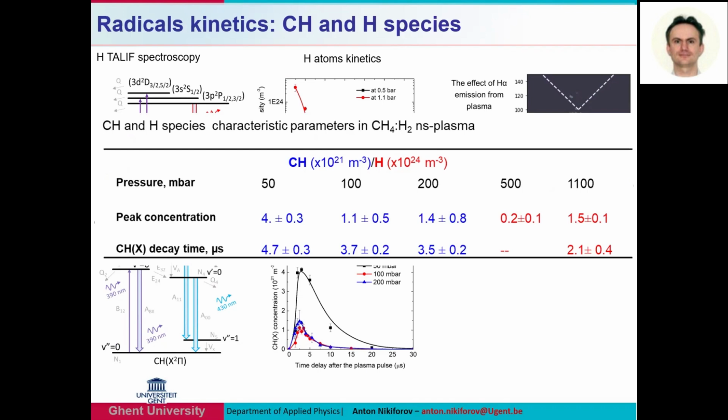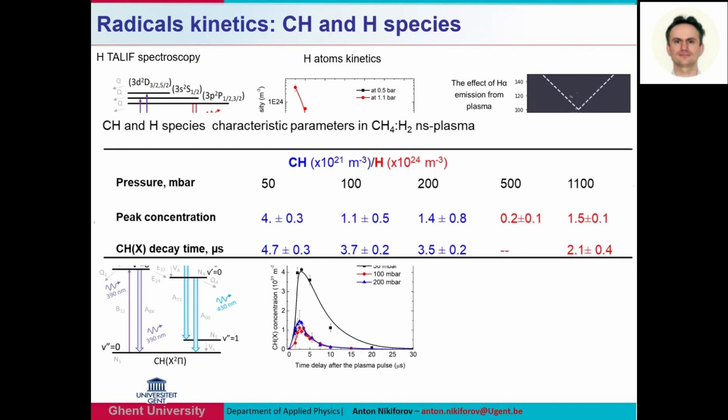As soon as pressure reaches something like 200 millibar, we see very little CH radicals. And if we go to atmospheric pressure, we don't see them at all, or at least they are below the sensitivity of our technique. For hydrogen, we see a rising high density. And if you compare this density with methane, you can see that methane is completely dissociated during the pulse.